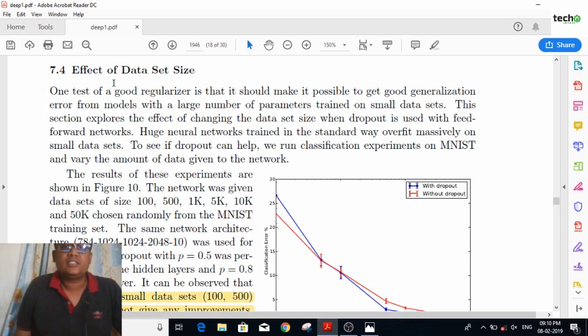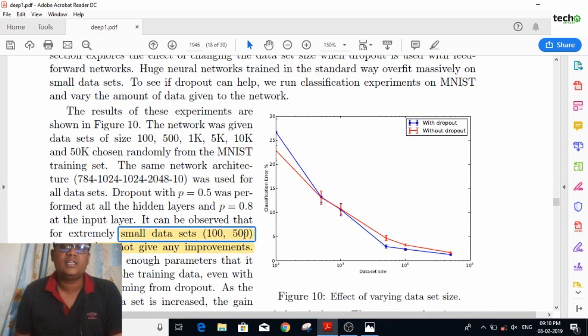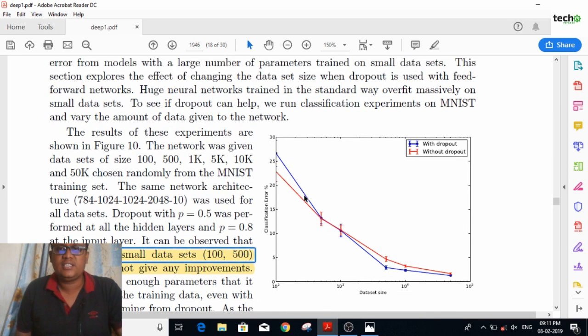So let me discuss the effect of dataset size. If the dataset size is considerably small, consider it as 100 or 500, dropout doesn't work. You can see here that it doesn't make any improvement if the data set has 100 to 500 samples or so.